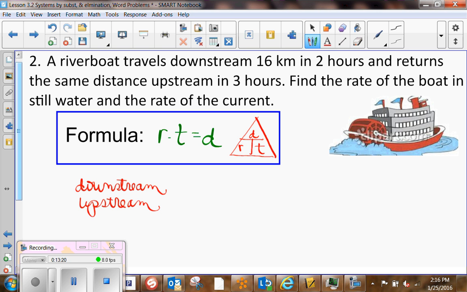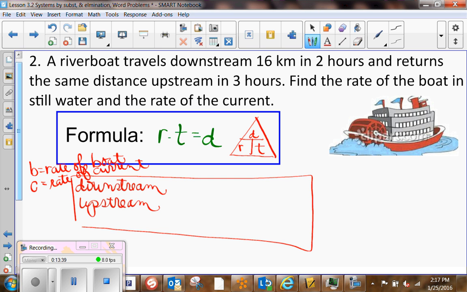How about let's let B be the rate of the boat and C be the rate of the current. Now for each of these upstream, downstream things, I'm going to have rate times time equals distance.